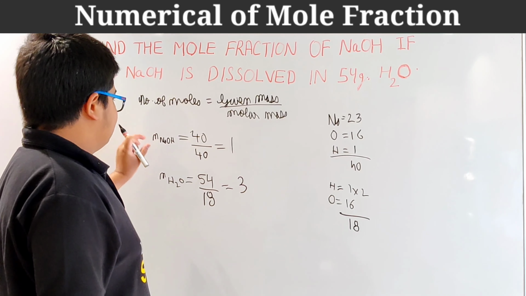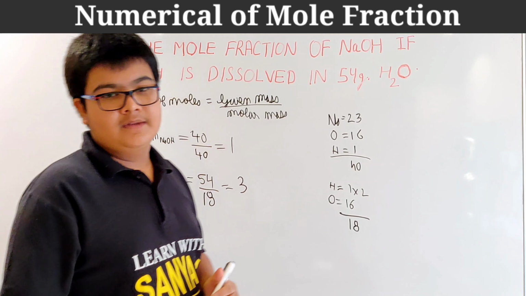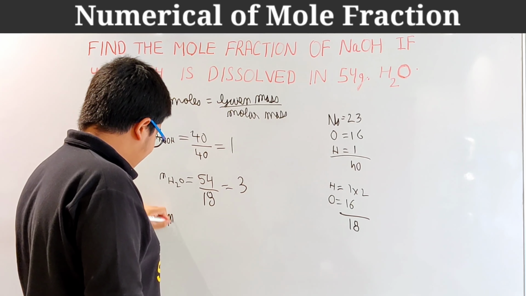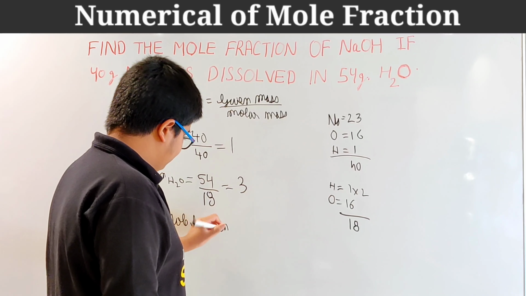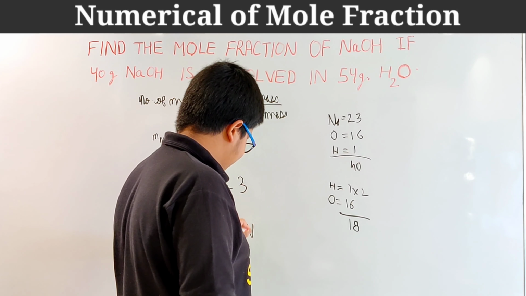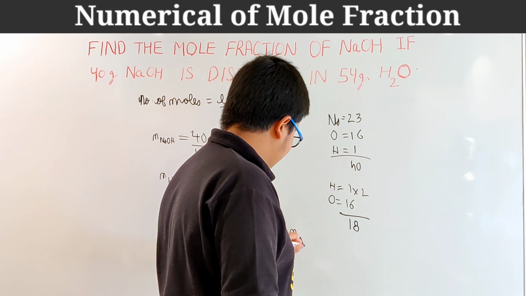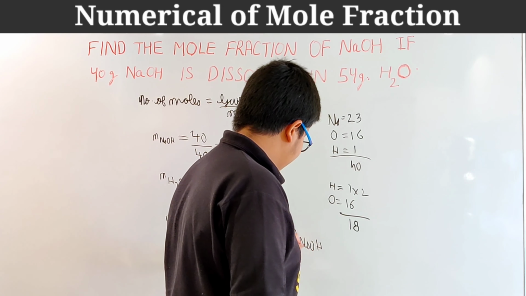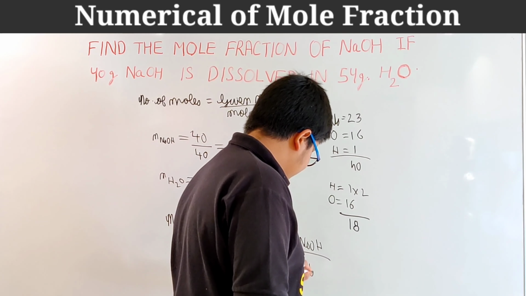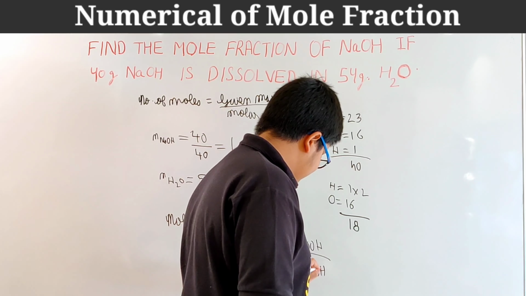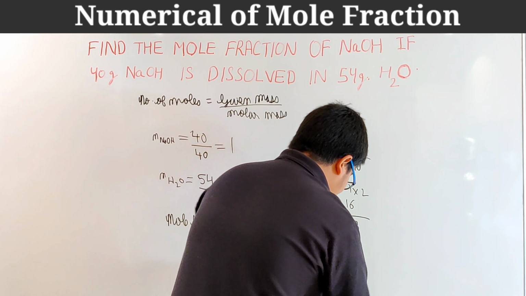Now we will just replace the number of moles of NaOH and H2O in the mole fraction formula. That formula says that mole fraction of NaOH will be number of moles of NaOH upon number of moles of NaOH plus number of moles of water.